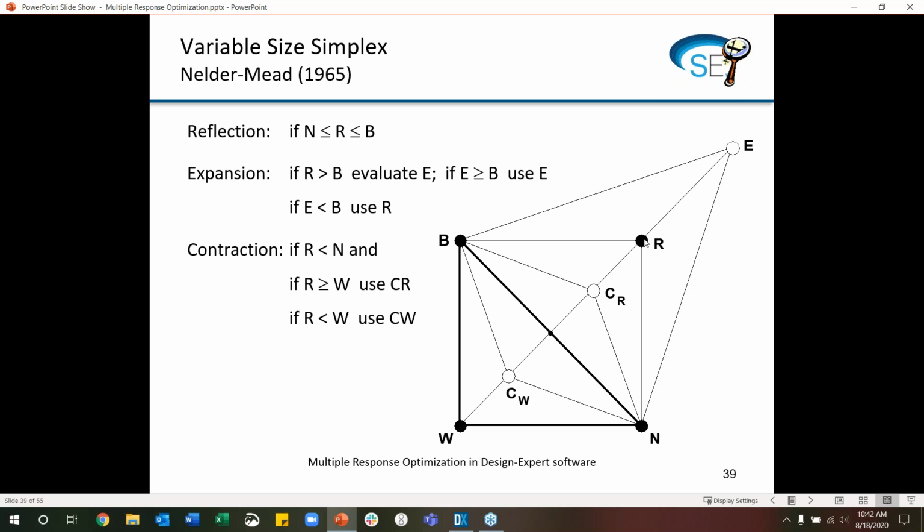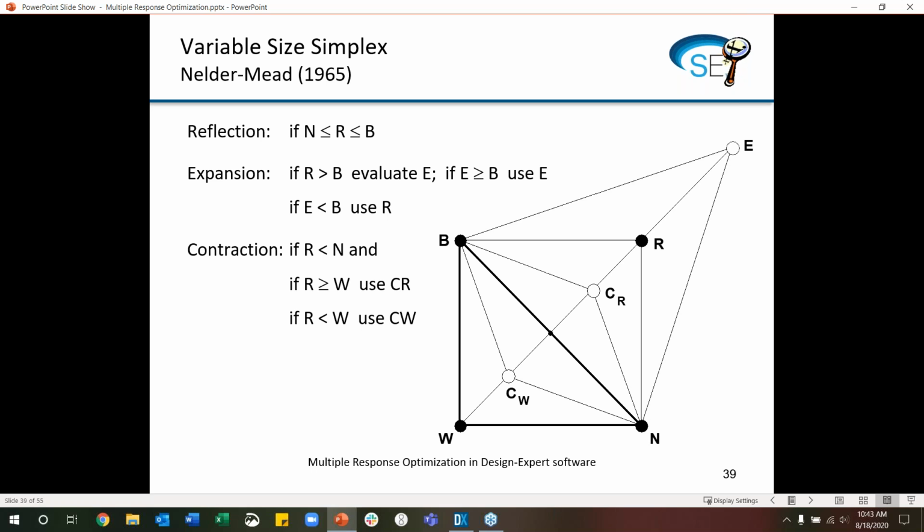On the other hand, if this step was not so good, then we're going to hesitate and we're going to come back a little bit. That's called contraction. So we just actually come back in because we don't want to overstep where we're going. We want to make sure that we're honing in on the best solution. So this variable sized simplex allows us to both expand and contract based on our testing of the desirability and wanting always to go up and not to get worse.